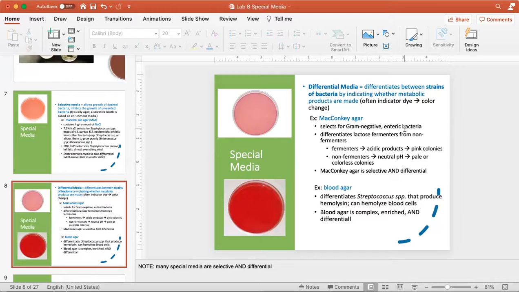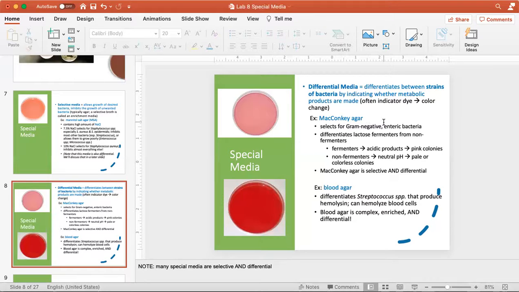That word enteric just means intestinal. Now, the way that McConkey is differential is right here. It's going to tell us the difference between lactose fermenters and non-lactose fermenters. In other words, which of these gram-negative enteric bacteria can ferment lactose and which ones can't? So McConkey is selective and differential.